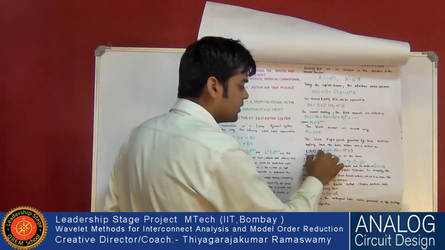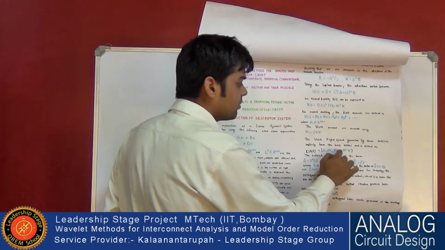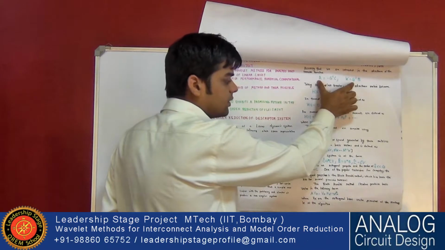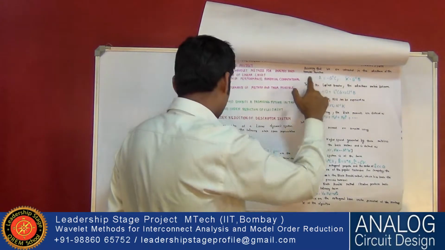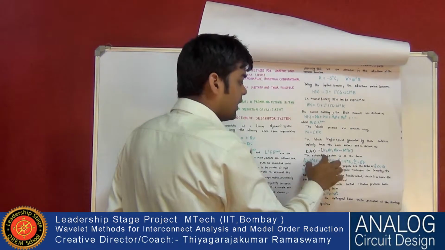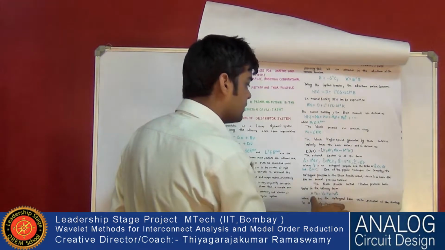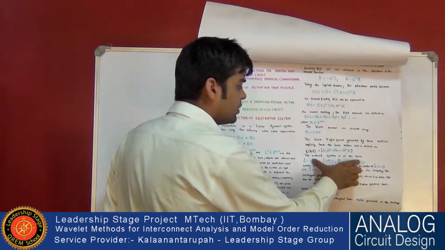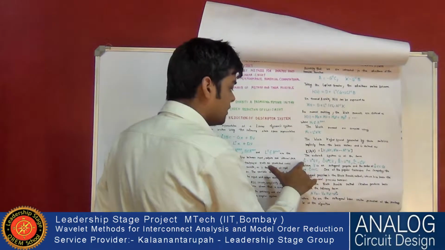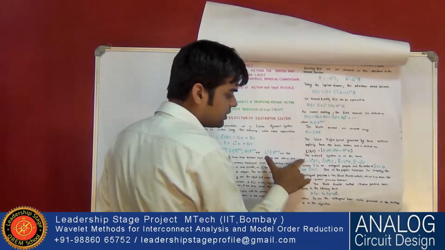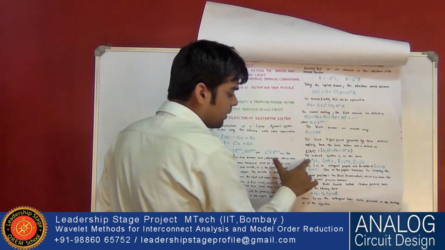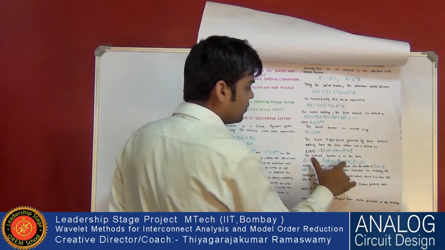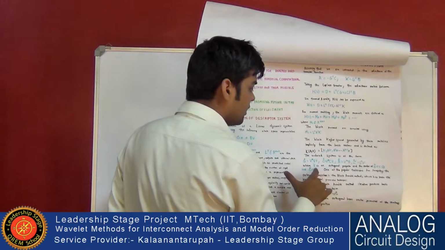This is my Krylov space, which is generated by K, AK, A squared K, up to A to the power n minus 1 K. These A and K are taken from there. Then we reduce the order of the system, and the reduced system matrices are given by G hash equals V star G V, C hash equals V star C V, B hash equals V star B, and L hash equals V star L.